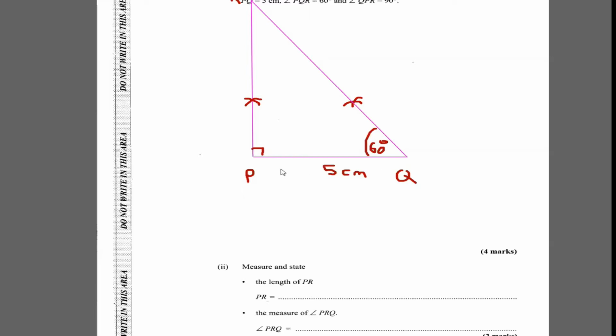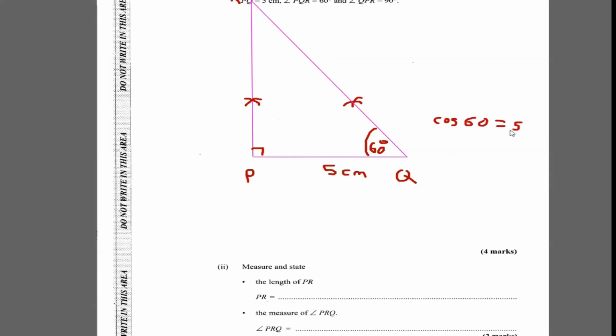You have the adjacent, and then you can find the hypotenuse, because cos theta is adjacent over hypotenuse. So cos of 60 is equal to the adjacent over the hypotenuse.